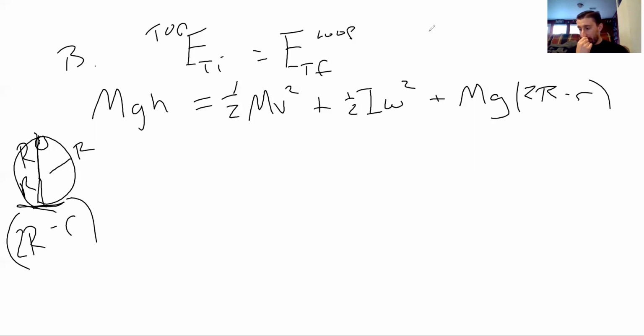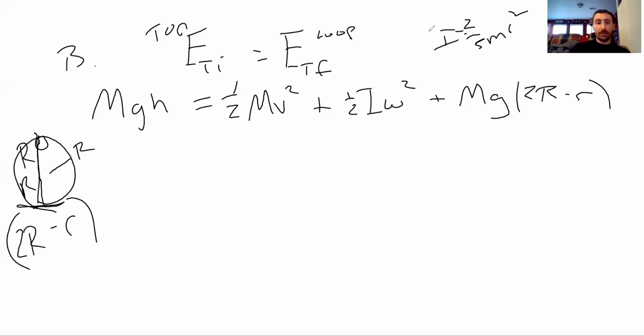So what I can do here, I know I, they give me I. I equals 2/5 mr squared. I know velocity, I know v, I don't know angular velocity, but I can get angular velocity out of it.